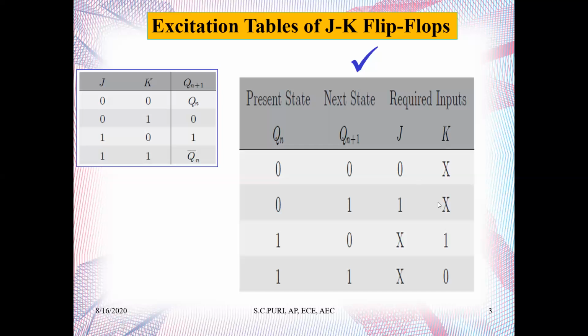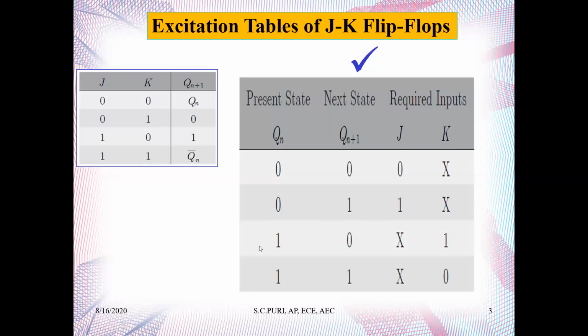So either it can be 1, 1, that is the toggling condition, so that 0 becomes 1, or it can be 1, 0, so that it becomes set and anyhow becomes 1. That means we can write 1, don't care. This input can take either 1 or 0.